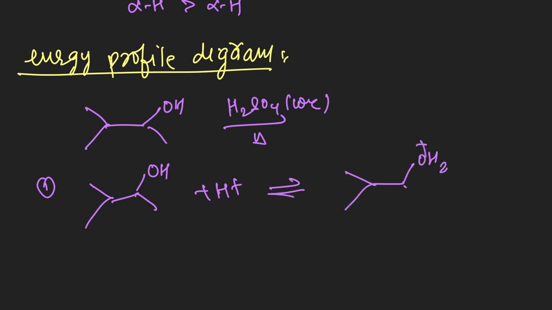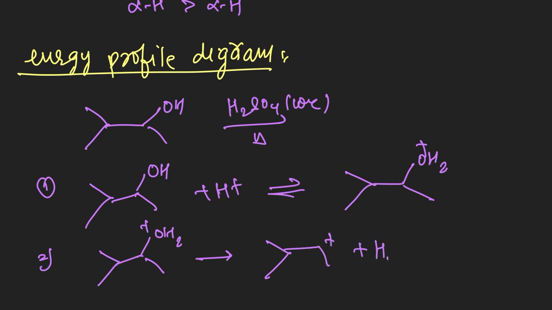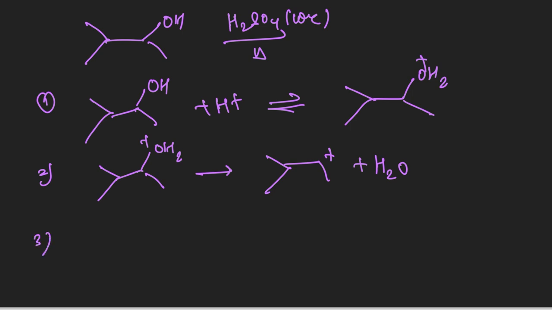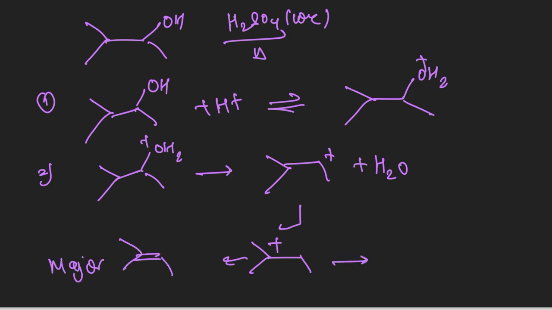Second, this OH2 plus oxonium ion loses water. And third, when it forms water, the carbocation rearranges, then it forms two products, one major and one minor. Major is A, minor is B.